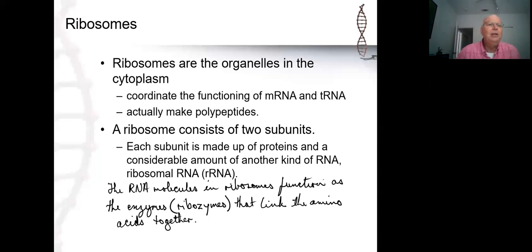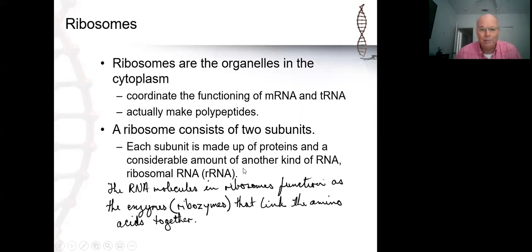So as much as we identified enzymes back in the previous chapter as being proteins, we do now recognize that there are also RNA molecules that also have enzyme function. We refer to those as ribozymes. And here we encounter them in the ribosomes, acting as enzymes to link the amino acids together.